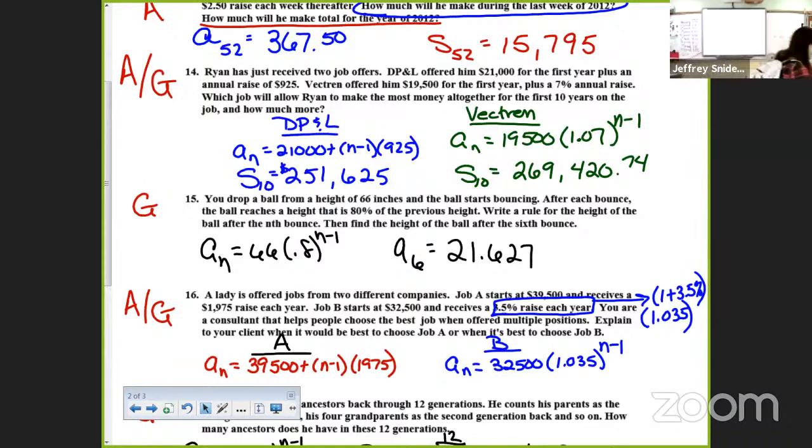What did I do wrong? I got negative 2,184 and then negative 1,398,000. So I did everything wrong. What was your rule? 16 plus n minus 1 times negative 12.